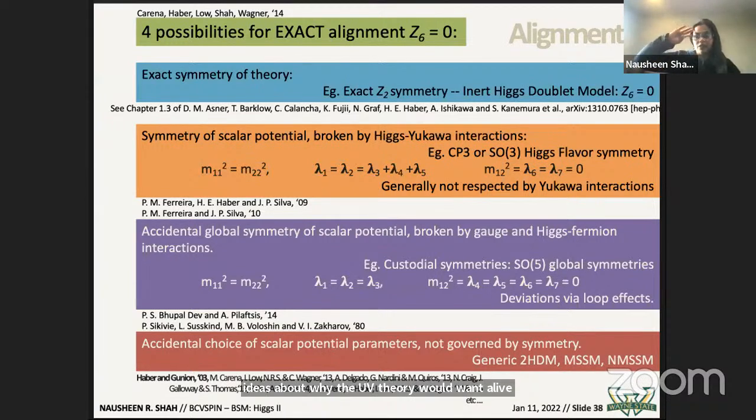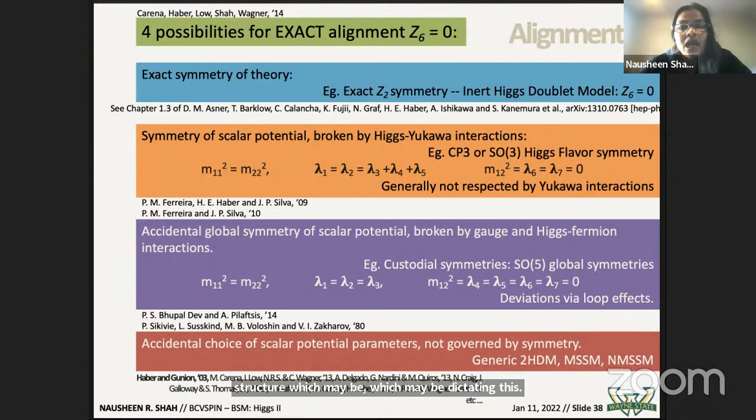I will mention, hopefully I should have time to talk a little bit about a case in the NMSSM where this seems to happen pretty beautifully actually. And it hints that there is some sort of structure which may be dictating this.